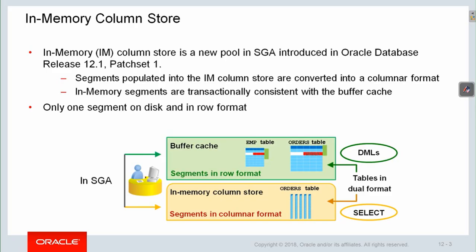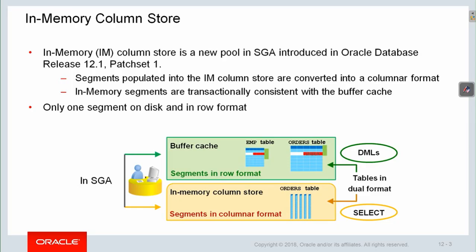If you are managing an Oracle database, you can bring a mixed workload into the Oracle RDBMS, one for transactional operations, and the other for maybe analytic queries. The In-Memory Column Store was designed to support analytic queries by storing frequently accessed data in columnar format.